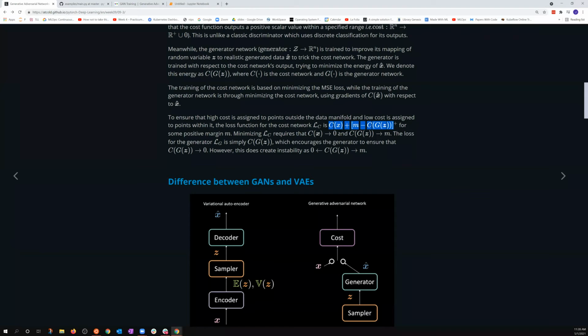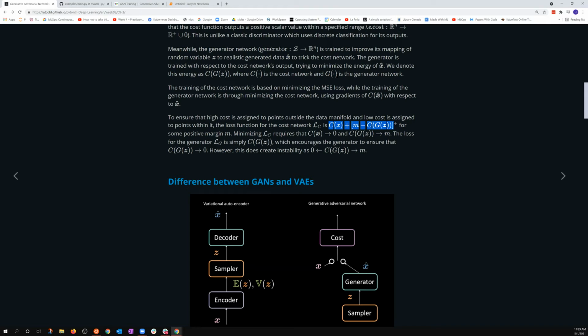I can take a shot at it. You might have to look at this from an EBM point of view. If C is your energy function, then for a real X the energy function value will be low, right? For the data points, the value of the energy function is low.